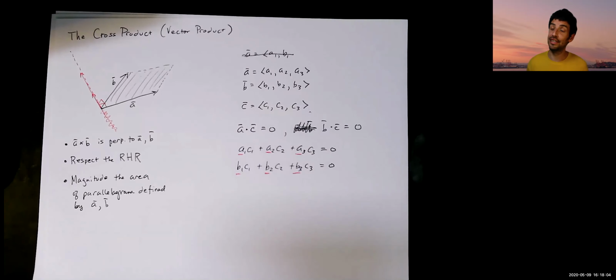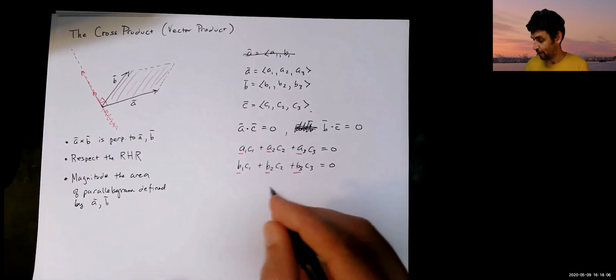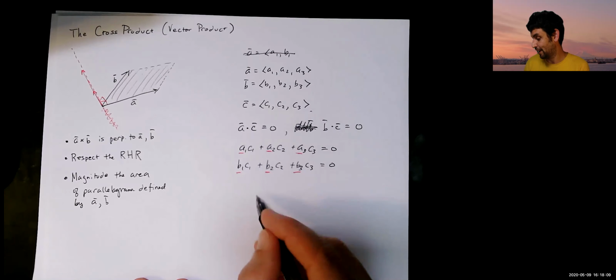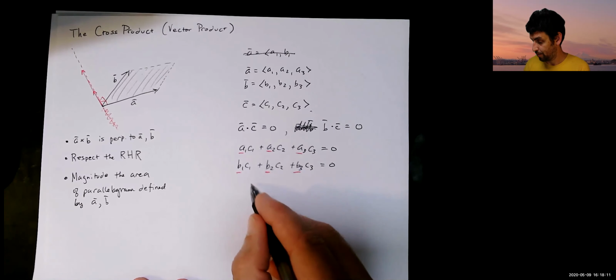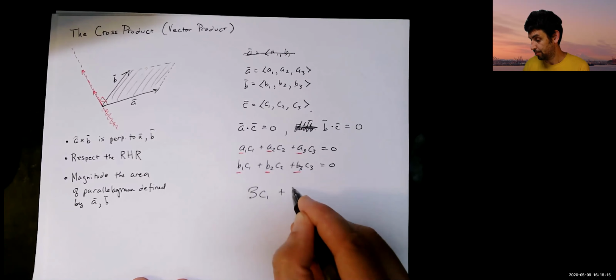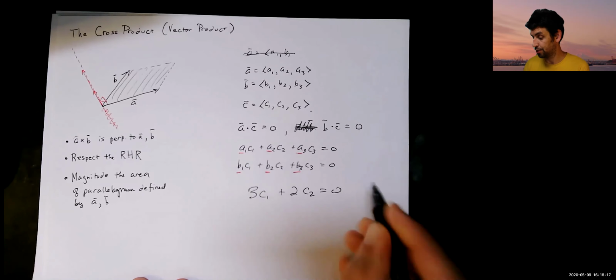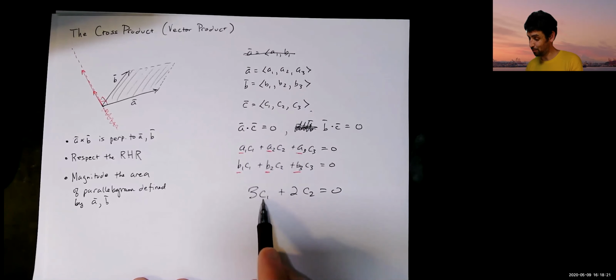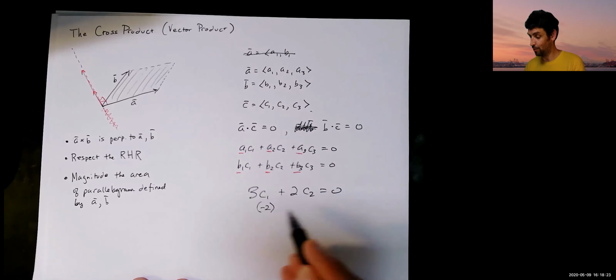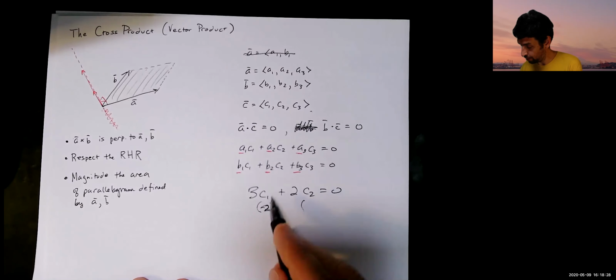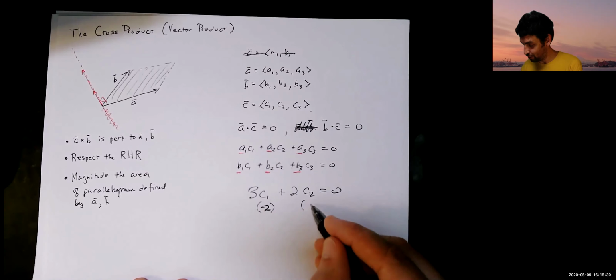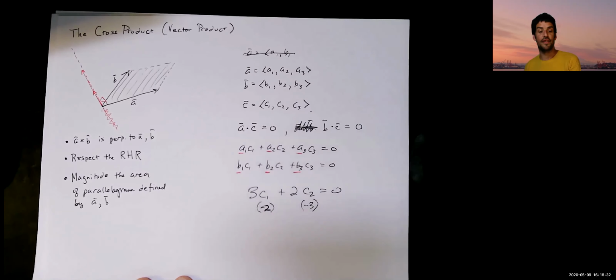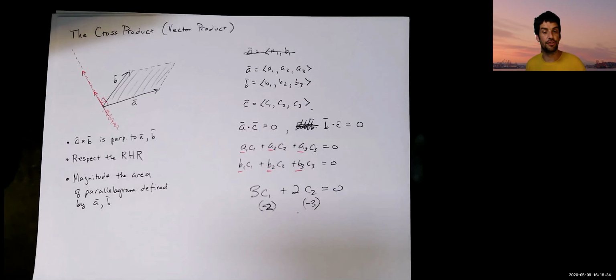It would be similar to an equation like 3C1 plus 2C2 equals 0. If you wanted to solve this, there are infinite solutions, but the easiest one to take might be letting C1 equal 2 and C2 equal -3, and then this equation is solved, right? That's an obvious solution you can take.